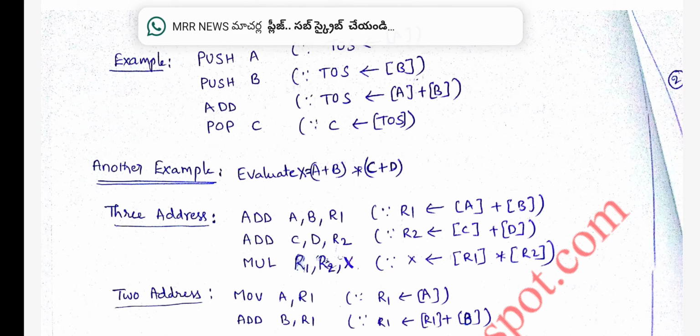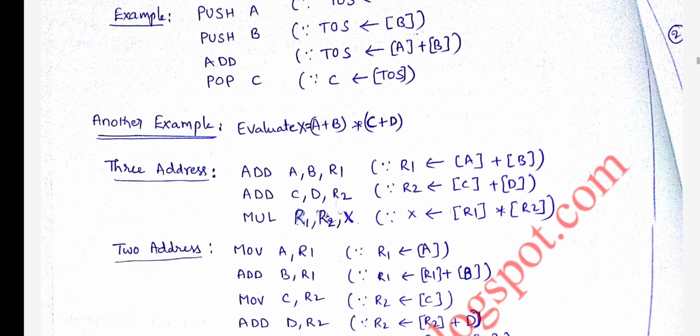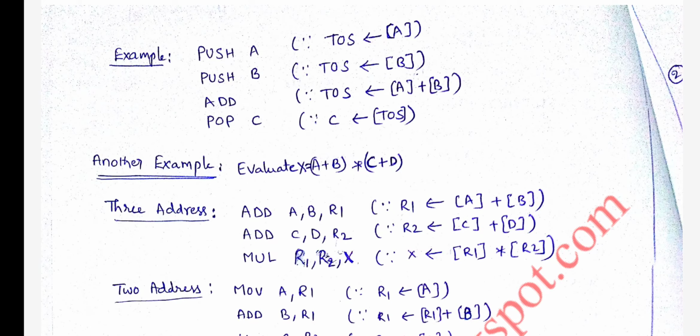See, first push A. The contents of A are pushed into the stack, top of stack. Then push B, we also push the content of B to the stack, and add. So the stack contains both A and B. We add A and B, and A plus B is again stored on top of the stack.